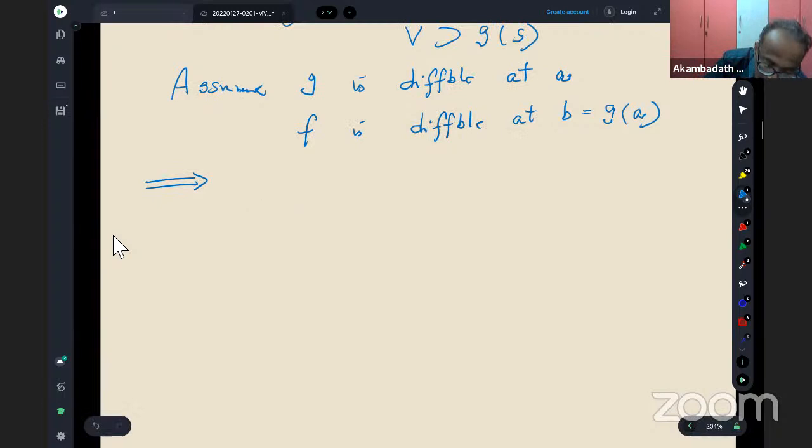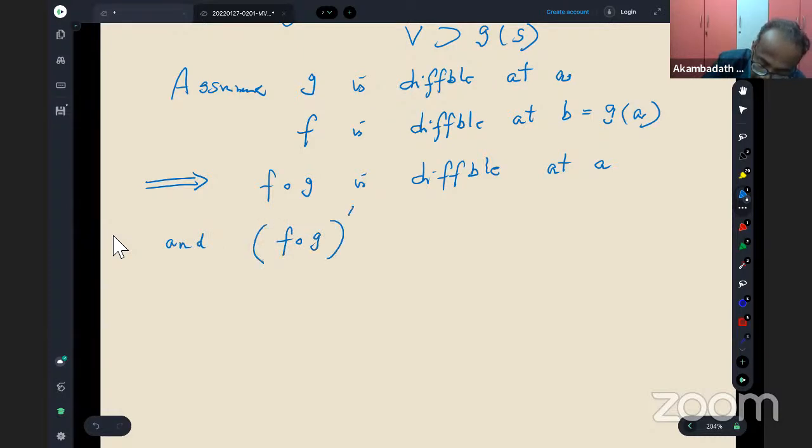And what is its derivative? F composition G prime at A. So all are linear transformations: F derivative at B composed with G derivative at A. These are all linear operators.